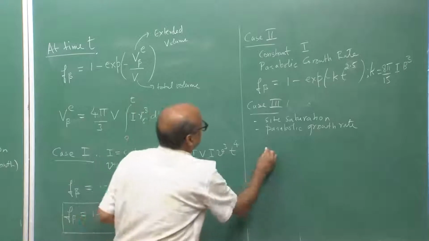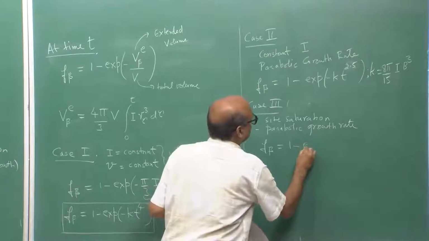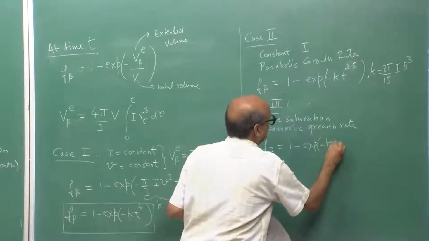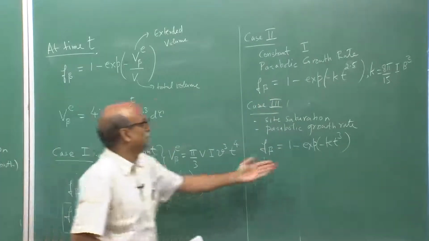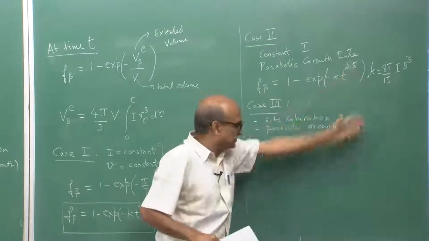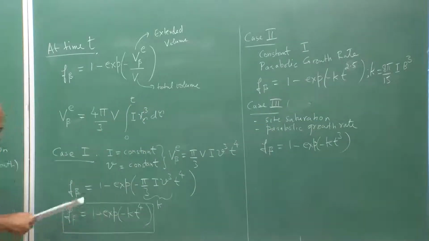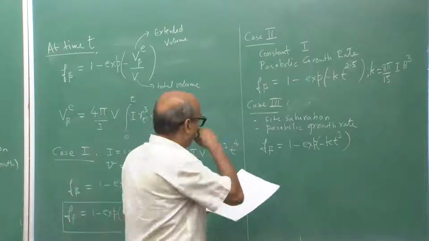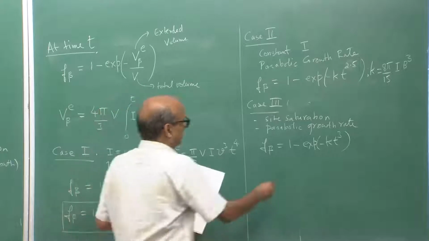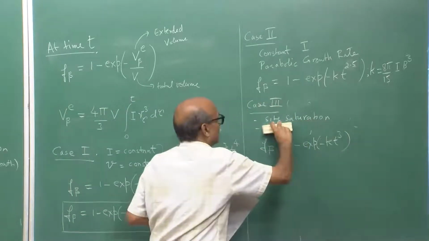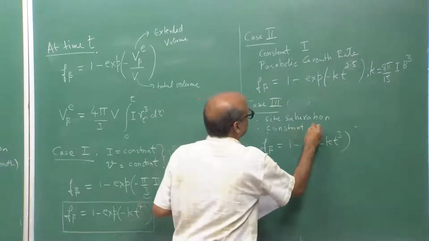In this situation, the Avrami relation becomes f beta equals 1 minus exponential minus k t to power 3, where the constitution of k would be different from what we saw in case 1 and case 2. Now, I am sorry, this expression is not for parabolic growth rate, but this is for constant growth rate.